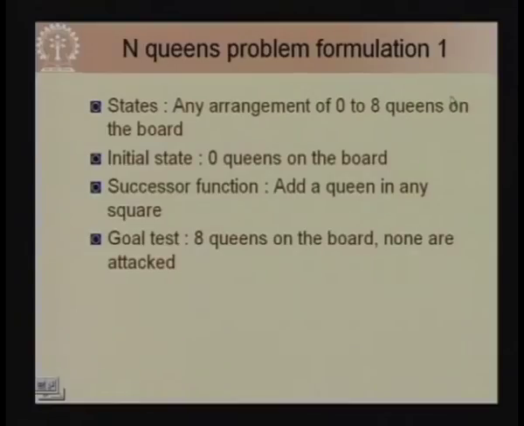Now, let us look at some possible formulations of the 8 queens problem. In the first formulation, we can say that a state is an arrangement of 0 to 8 queens on the board.